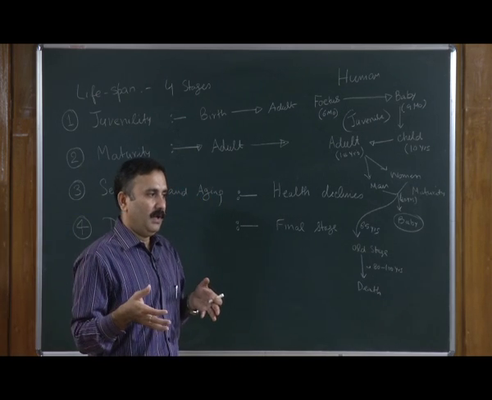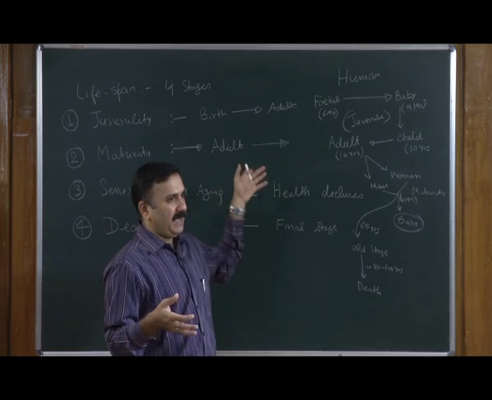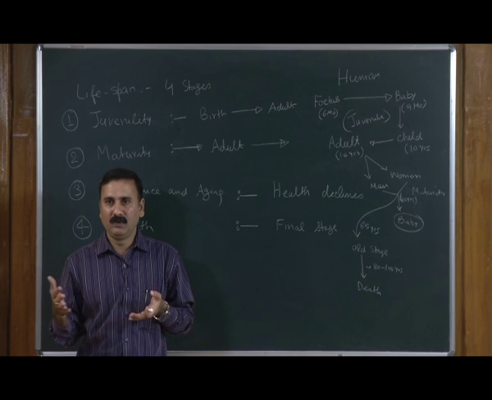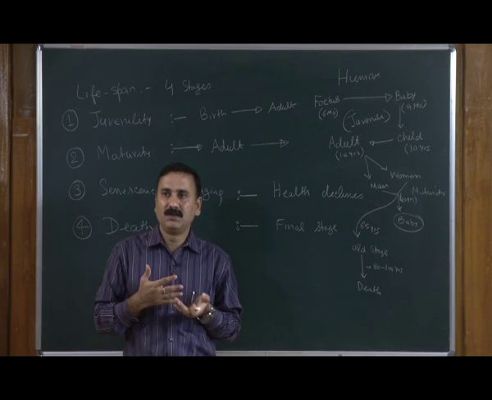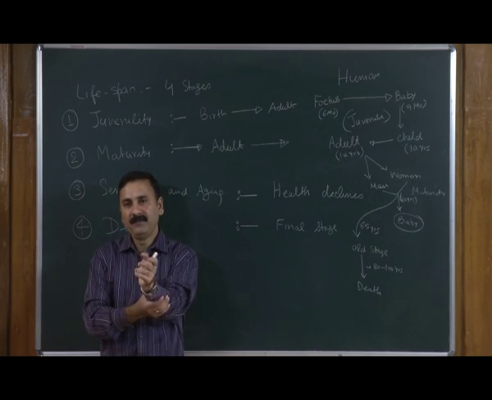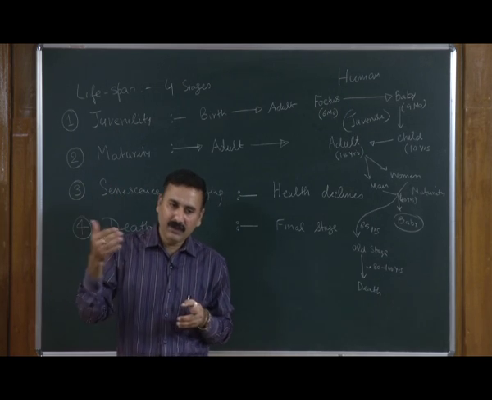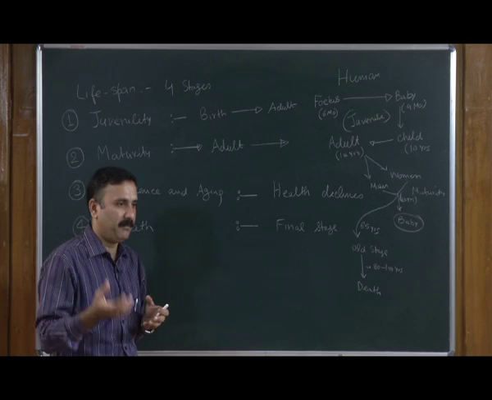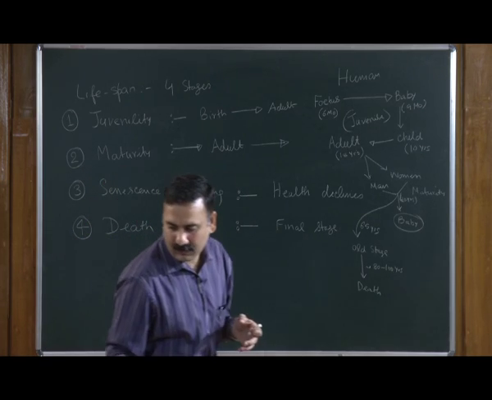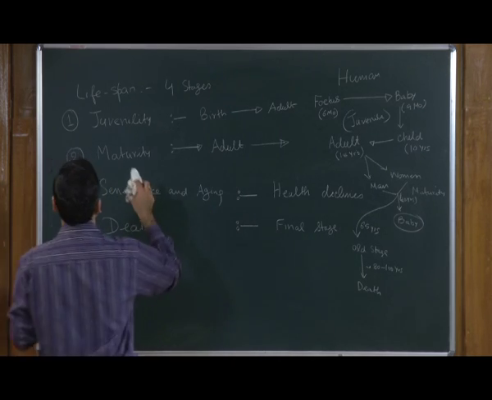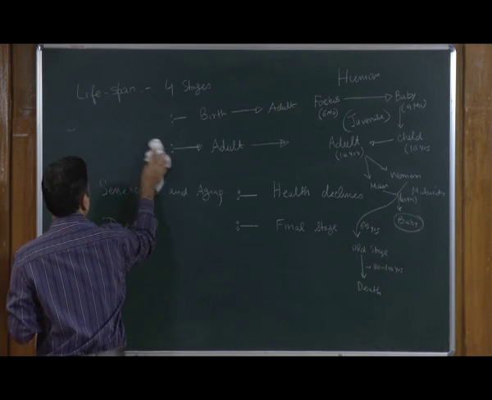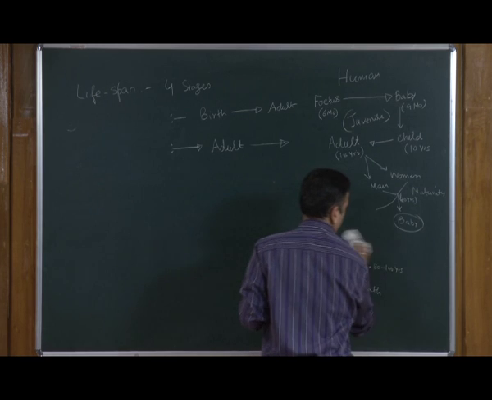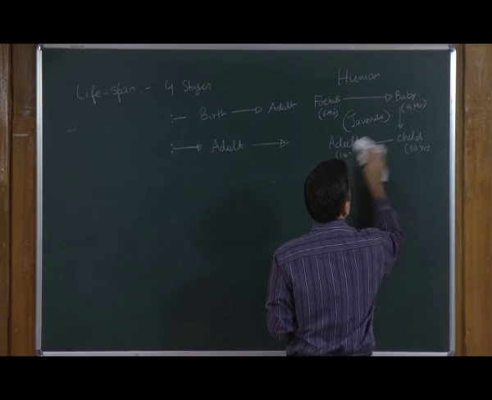Okay. So, to understand these different types of lifespan stages, we will take a few examples, so that it will be easy for us to understand what is actually happening, and we will also try to understand different concepts. So, in this class, to understand the different stages in the lifespan, we are going to take a few classical examples.